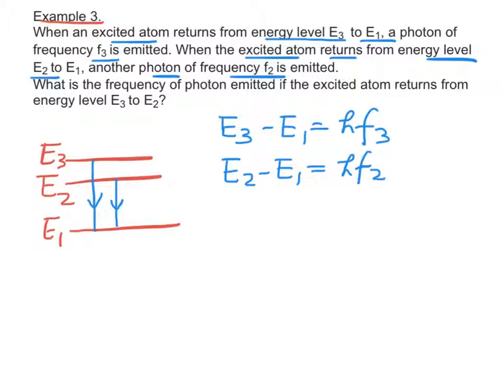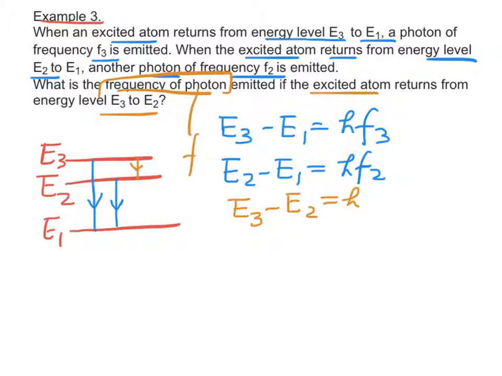Now, if the excited atom returns from E3 to E2, then the energy of photon emitted is E3 minus E2, which is equal to h times the frequency of photon emitted. We call it f.